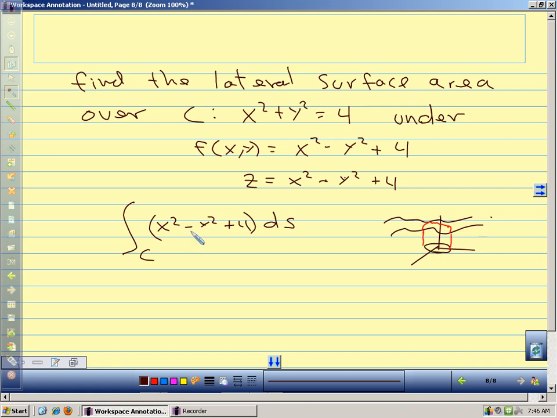This is our height. So we want the sum of the height of this function around the path. So this question is asking us to find the line integral of f of x, y ds over the curve. That's what this question is asking us.